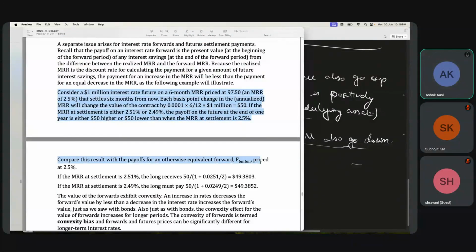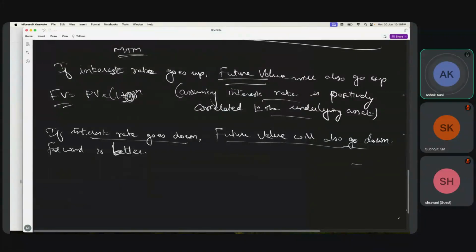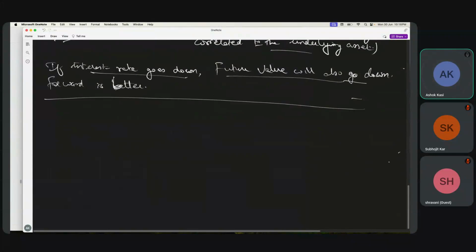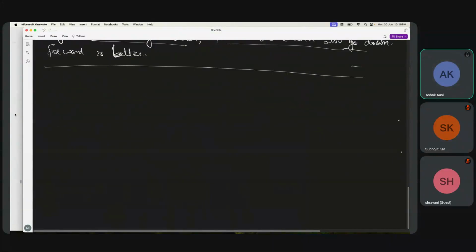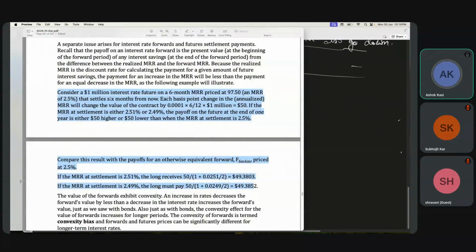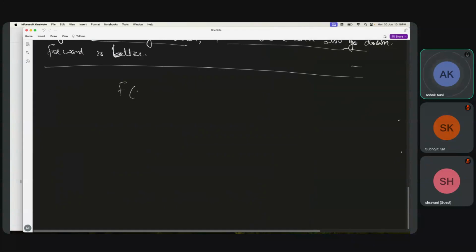This is mentioned in fixed income in a better way, but still I'll explain it. Consider a $1 million interest rate future. It is priced at 97.5 and settles 6 months from now, on the 6-month MRR.